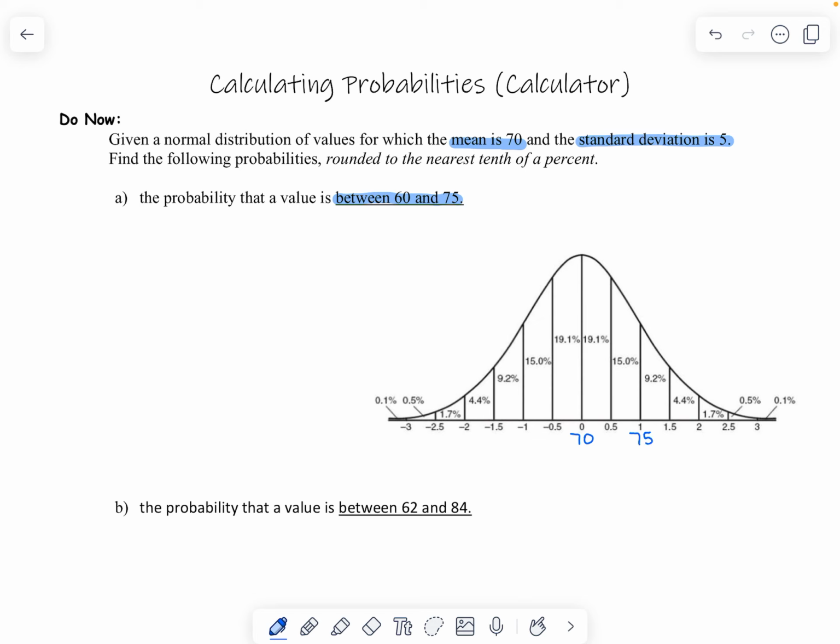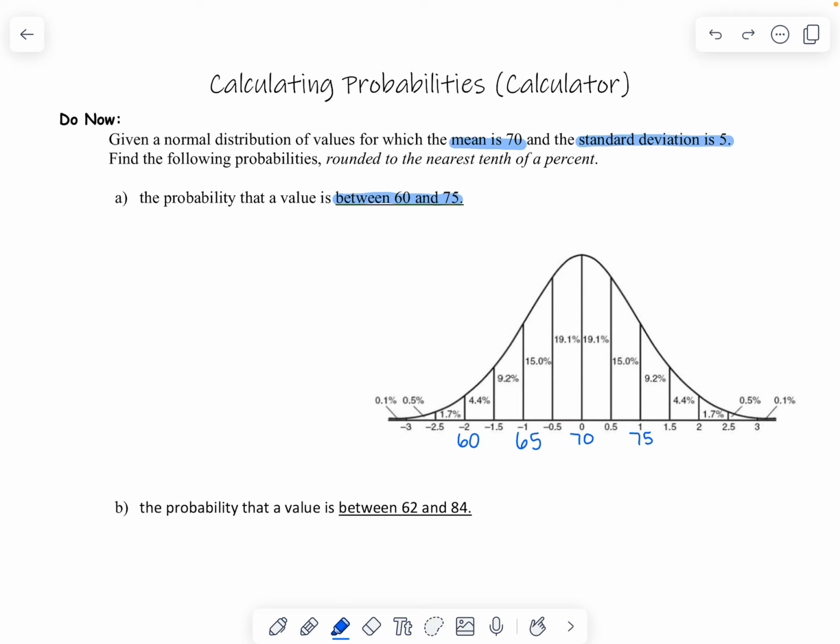And that's as far as I want to go to the right because it's asking me to find the probability between 60 and 75. So think of that as the upper bound of this interval. And then we're going to go down to 60. So if I subtract a full standard deviation from 70, subtract 5, I would get 65. And then if I subtract another standard deviation away from that, I would get down to 60 at a z-score of -2.